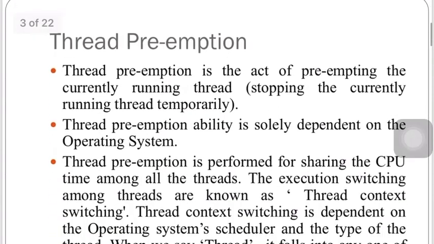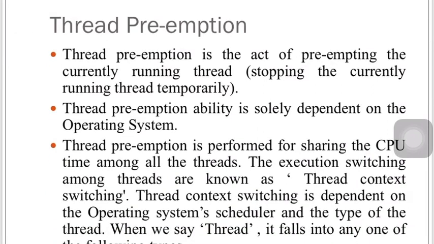So let's start with thread preemption. Thread preemption is the act of preempting the currently running thread. Preempting means nothing but stopping the currently running thread temporarily. We know that in a particular operating system there can be many processes or many threads running at the same time.